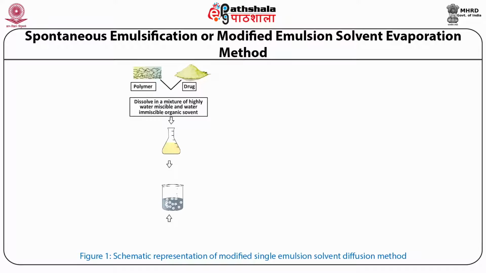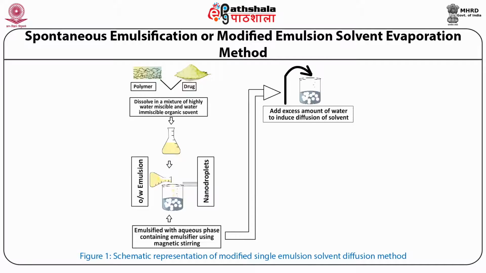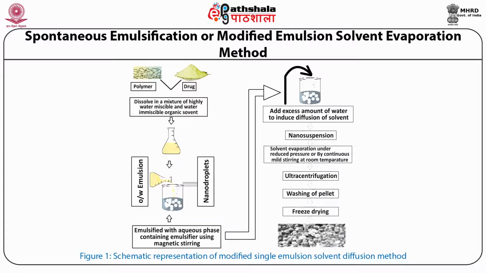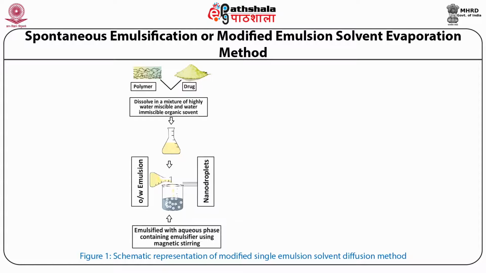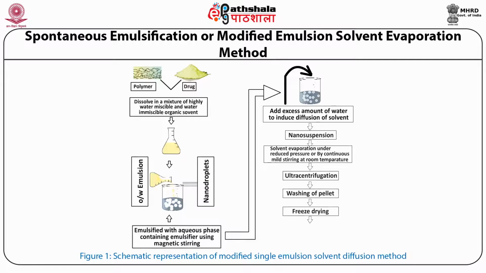After the preparation of the emulsion, add an excessive amount of water to induce diffusion of solvent, which leads to the formation of nanoparticles. The nanosuspension thus formed is processed for solvent evaporation under reduced pressure or by continuous or mild stirring at room temperature.